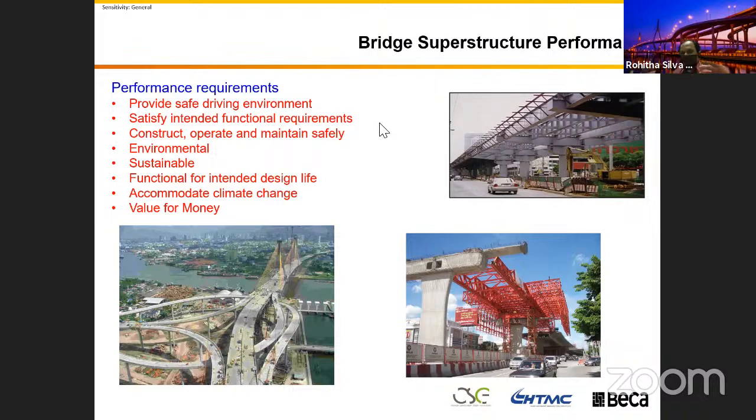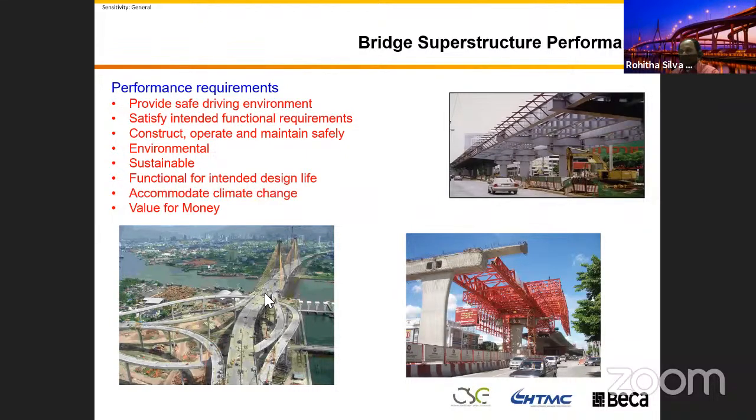I-girder bridges, every girder has 2 bearings. If you have a bridge with 12 girders, you have 24 bearings. So every time you need to inspect them to see whether they are functioning properly or not, because if not, the bridge superstructure will have a problem. Another thing, environmental constraints. One good example is the one you can see here.